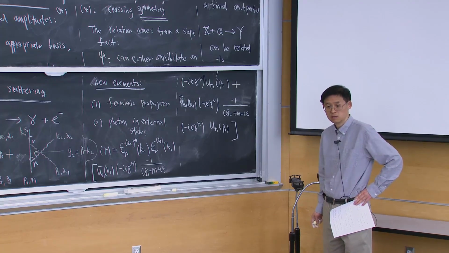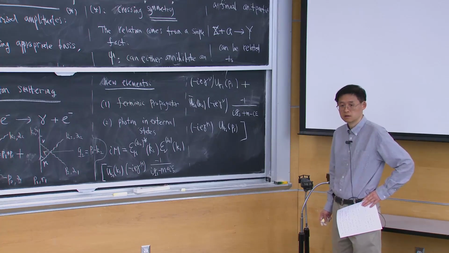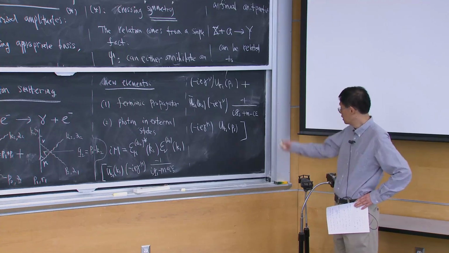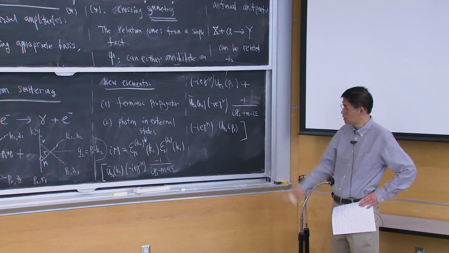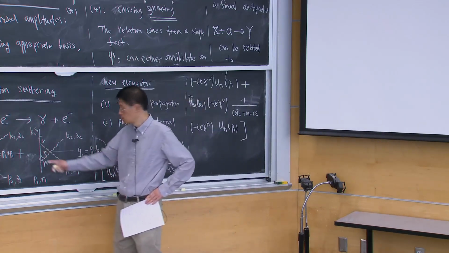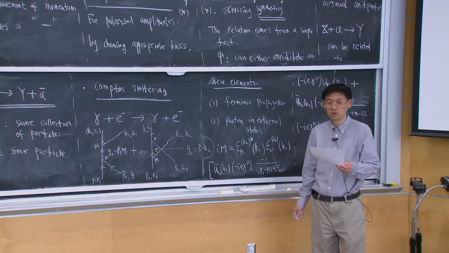Even if they're not vectors, they're still inequivalent diagrams because the momentum here is different. The momentum here is different. So they're still inequivalent diagrams.